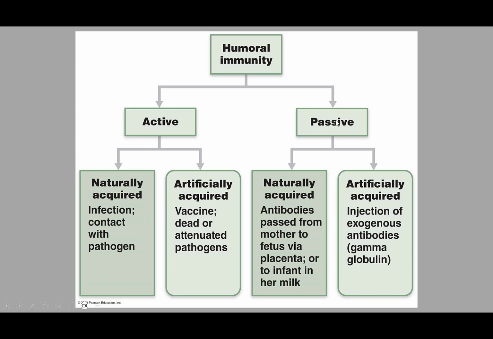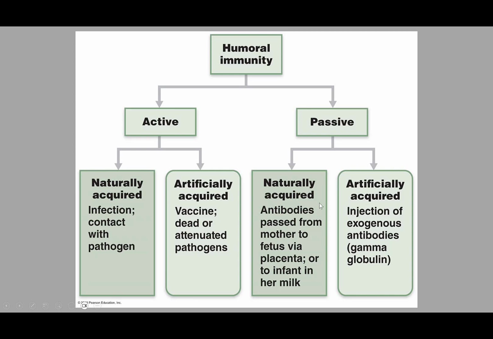Let's look at passive. There's also a naturally acquired and artificially acquired passive immunity. Passive, we said someone or something else made the antibodies. So let's look at naturally acquired.